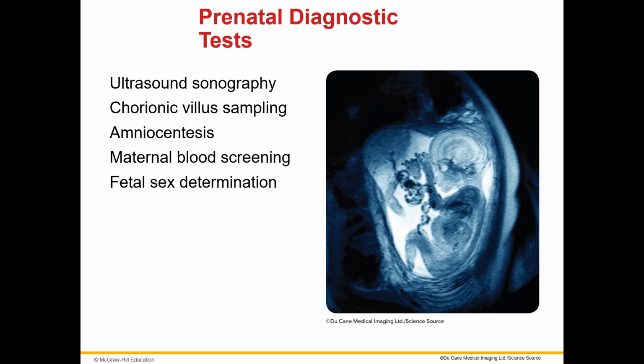The first is the ultrasound sonography, and you can see a nice picture here. And ultrasound uses sound waves, and it is the most common method of checking on the developing fetus or embryo.